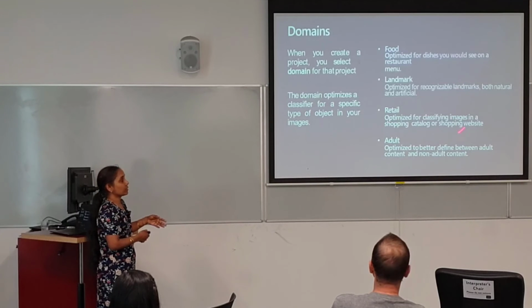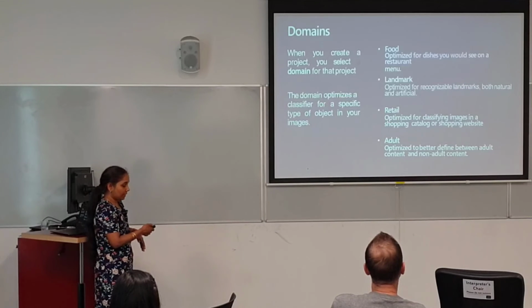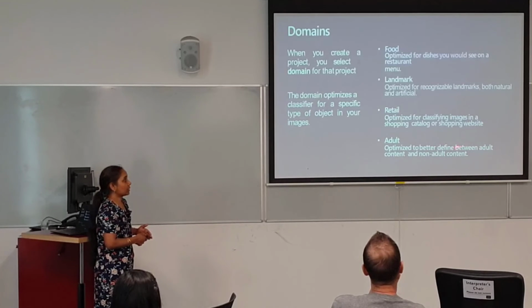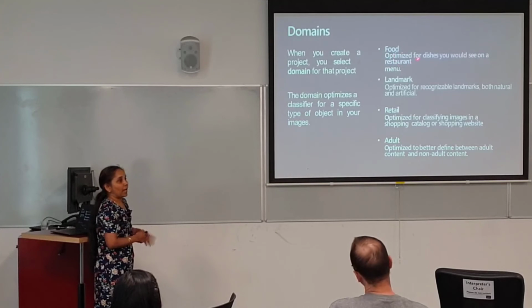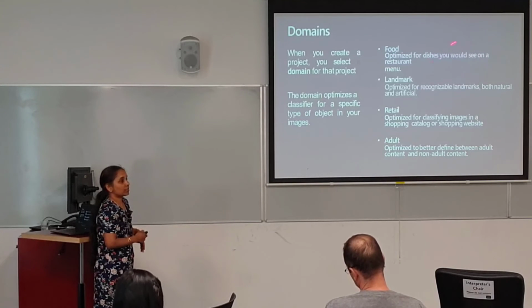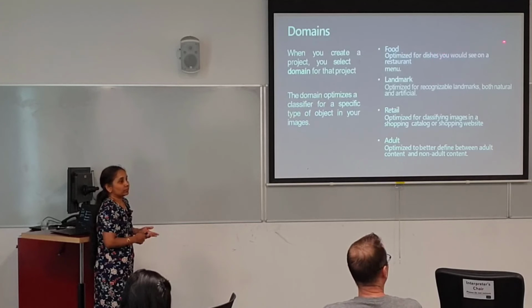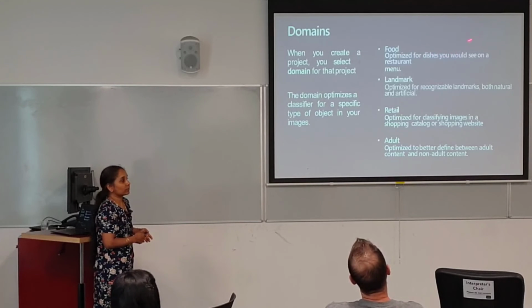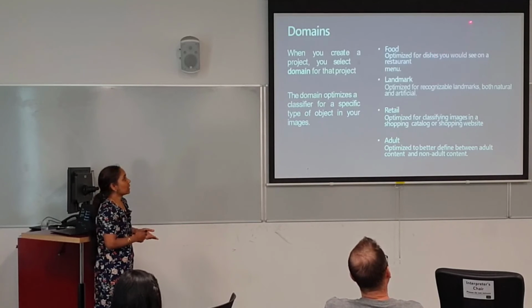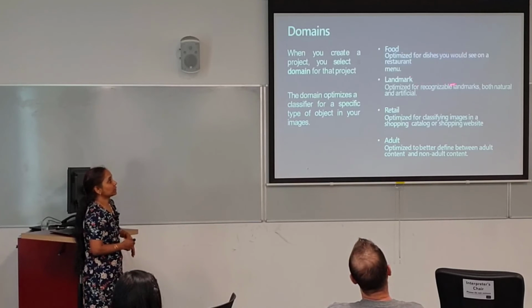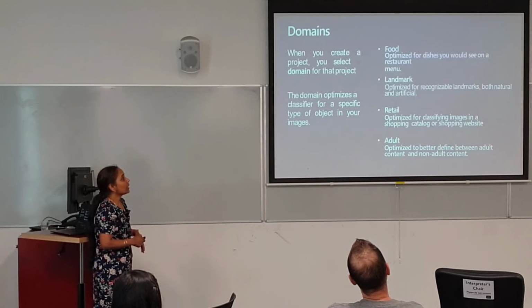Those kinds of things can be done under retail. If there is adult content and non-adult content, you can use that as a domain as well. Food is for apples, bananas, or different cuisines. And for landmarks, you can use both natural and artificial.